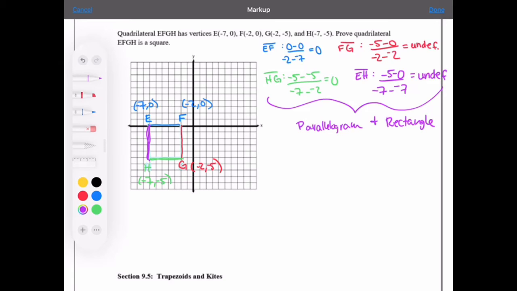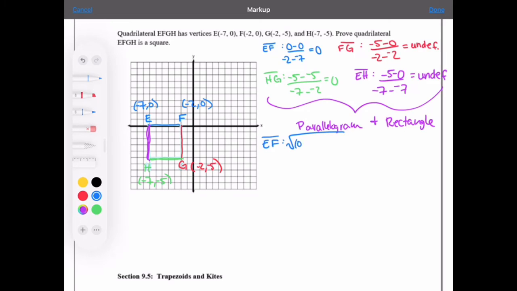Right? So moving on, now we have to use that and prove that it's a square. So our last step is going to be to use the distance formula to show that consecutive sides are congruent. So let's start with EF again. Use the distance formula.